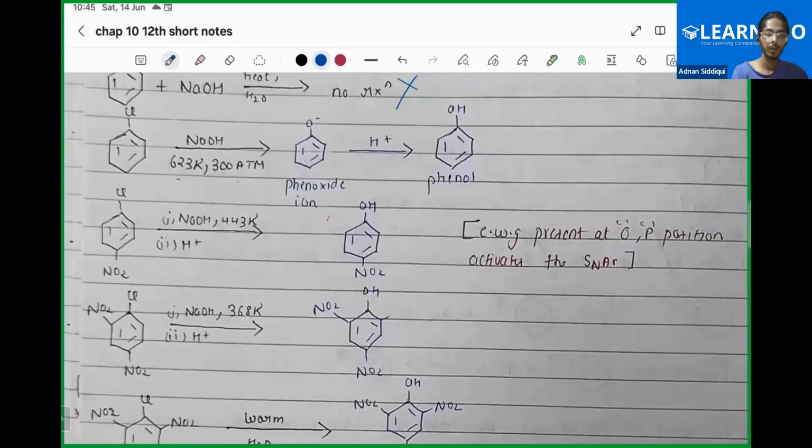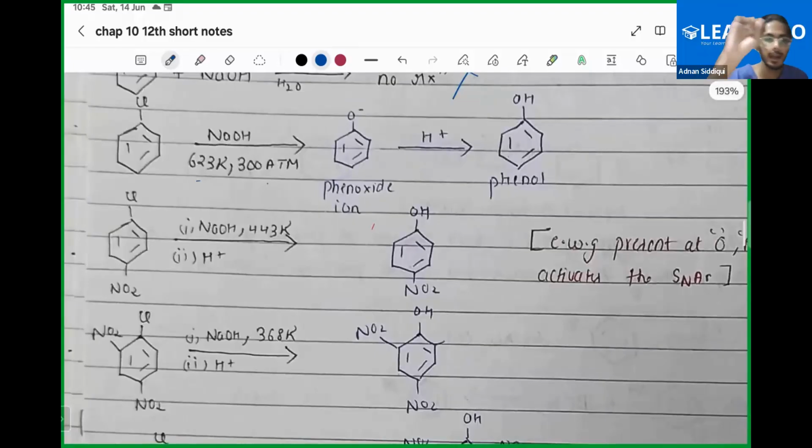But if I attach an electron withdrawing group, what is it doing? Basically pulling the electron density from the benzene, making the benzene ring a bit electron poor, right? What I am observing here is that if I add one electron withdrawing group, the temperature condition dropped.